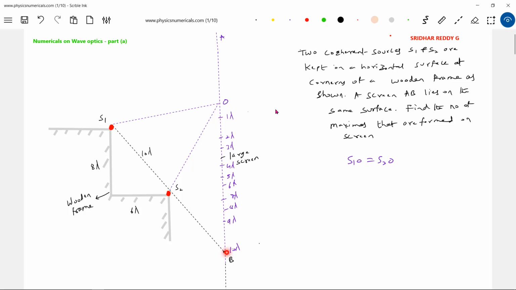The light from S1 can reach only till this particular point, whereas the light from S2 can go to the other part. For interference fringes to be noticed, we need two different waves with a path difference. Only the light from S2 can reach all points on the screen, whereas the light coming from S1 will be from point B to point A.